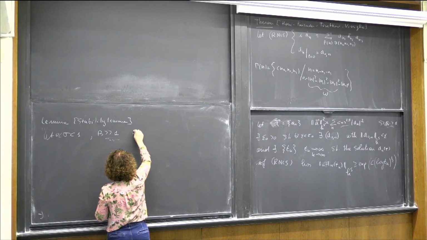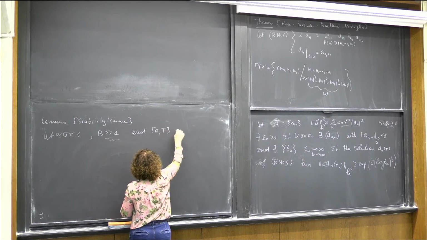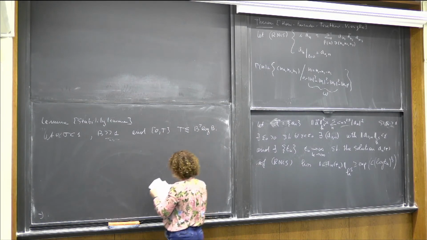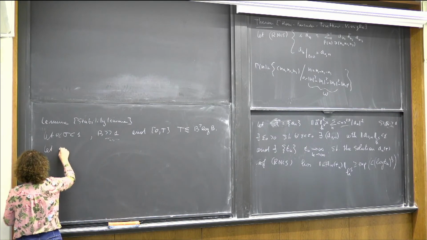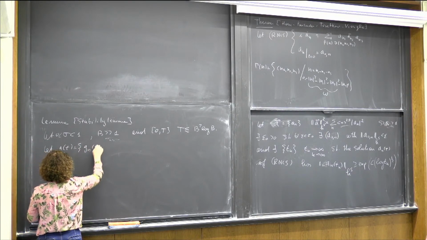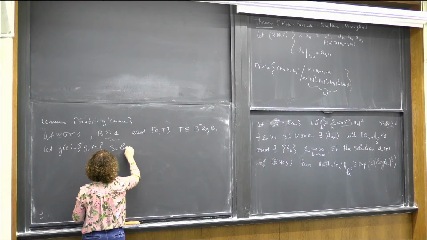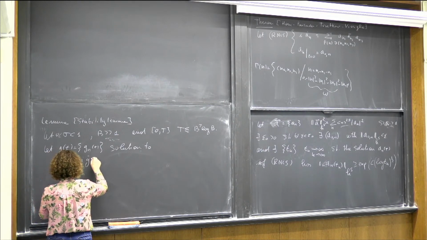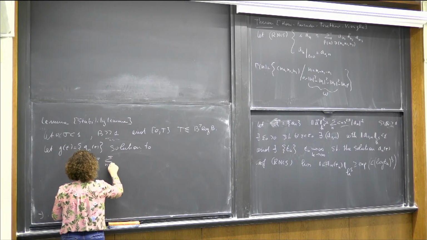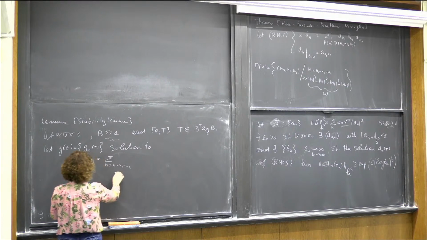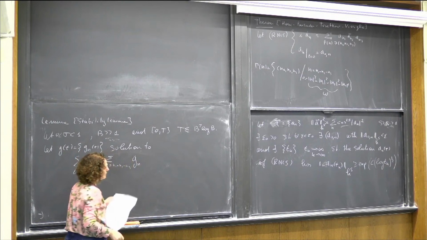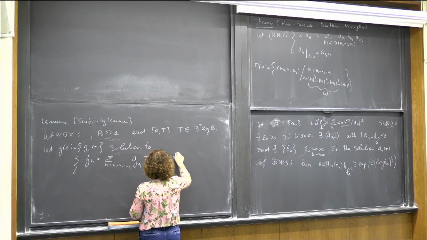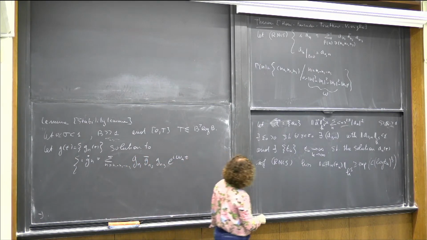We assume that we are in a time interval 0 to capital T, where capital T is of the order B squared log B. Now we let g(t) be a solution to i g dot_n = the usual thing, but with no restriction to being resonant, the sum of g_n3 e^{i omega_4 t}.